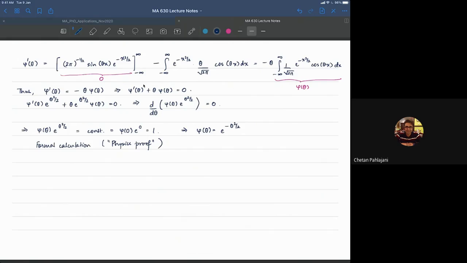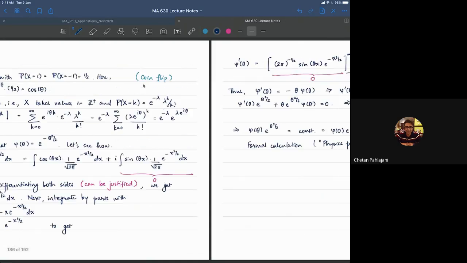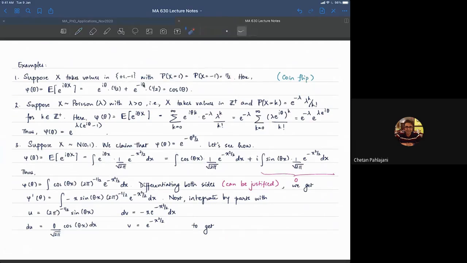This part I took from Durrett. I haven't been referring to Durrett much, but he basically shows you how, from a physics proof, you can guess that the answer is going to be this. But of course, the physics proof is not rigorous, as you will see momentarily. So you need to do something else to convince yourself that the answer you got is in fact correct.